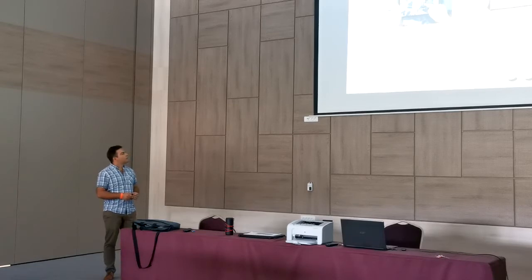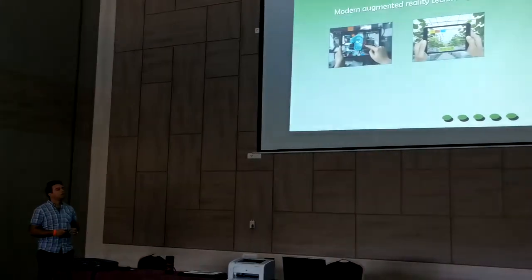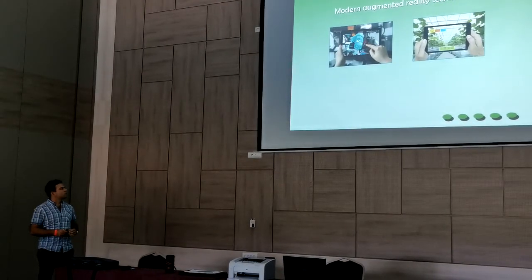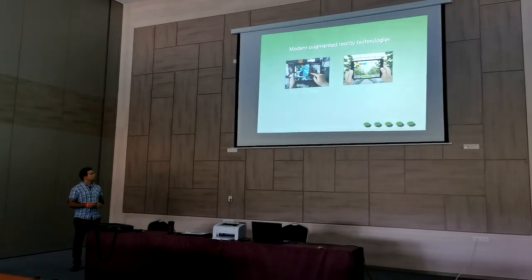Another example is from the agriculture. There is a mobile application where you can see what is the moisture, the temperature, etc. What things need to be done to have a very successful plant.